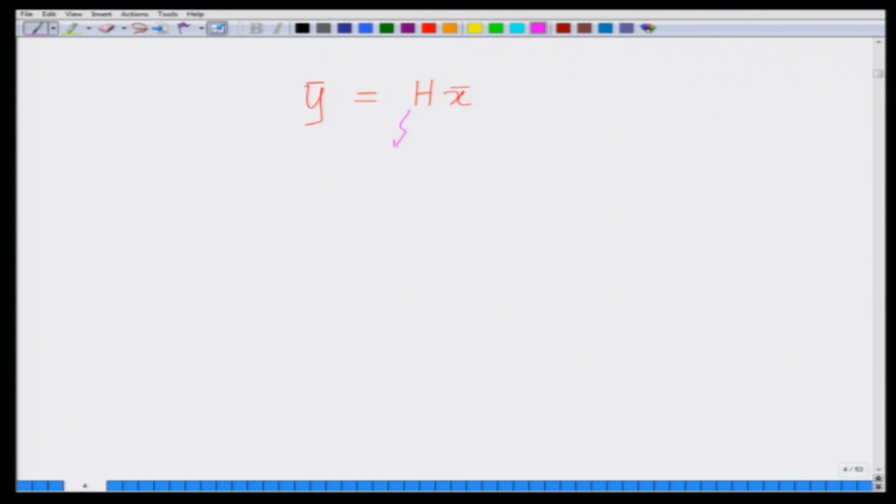Now, H is R cross T, which implies this system has R equations. And what are the unknowns? The unknowns are the elements of the vector X. So, there are T unknown quantities.